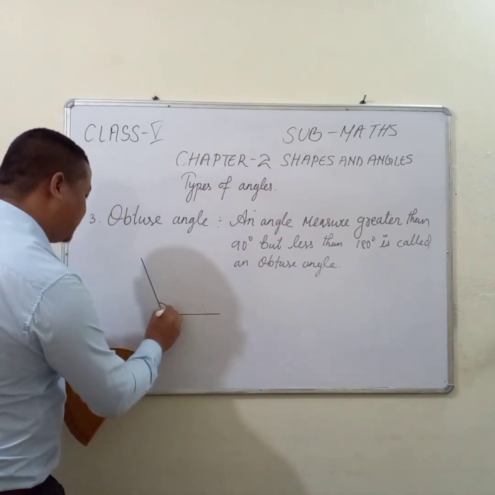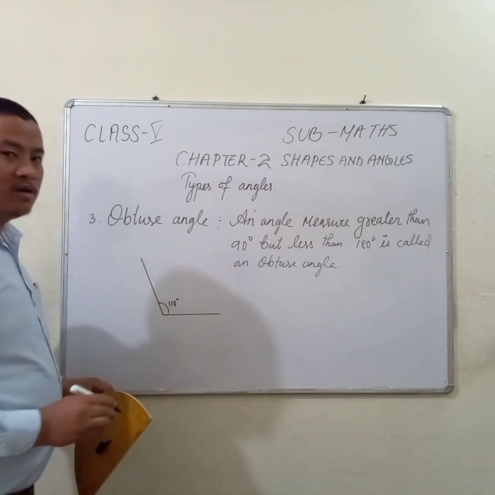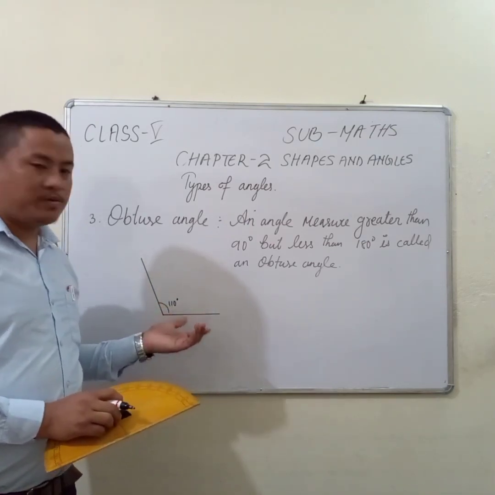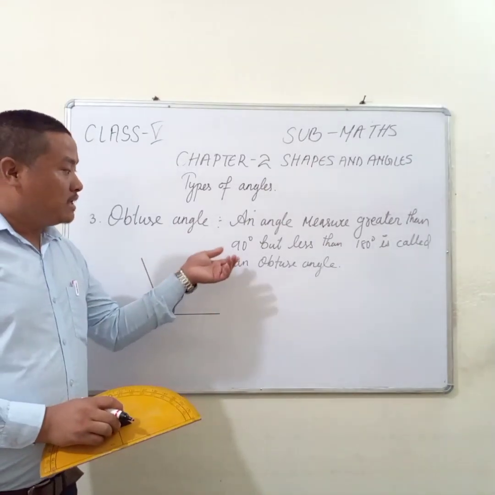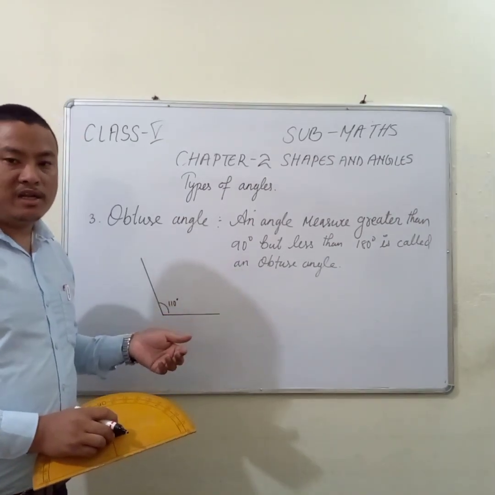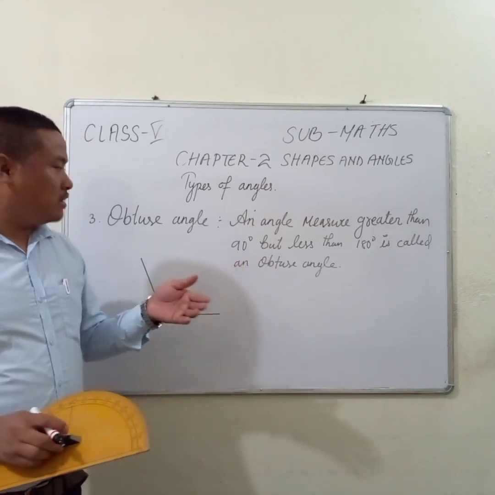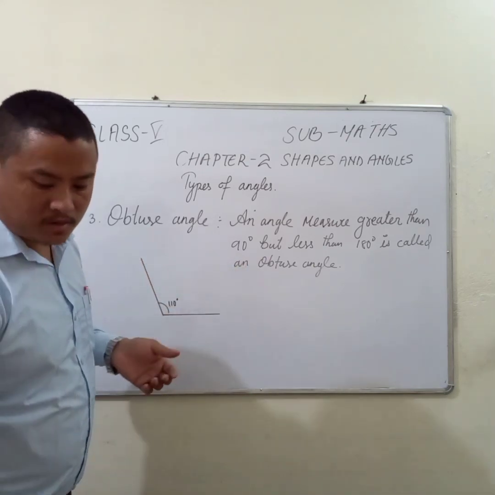Okay, this is an angle of 110 degree, which we can say that this is an obtuse angle. Any angle which is greater than 90 degree but less than 180 degree. Okay, what is 180 degree? You will know in fourth angle.